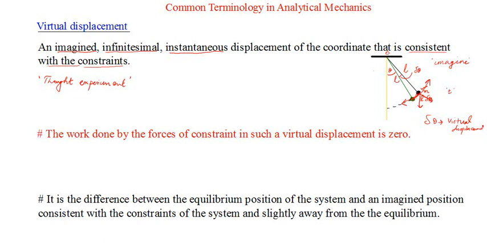So if you try to move it along the radial direction, then certainly you are trying to violate the constraint. Such displacements are not considered a permitted virtual displacement.